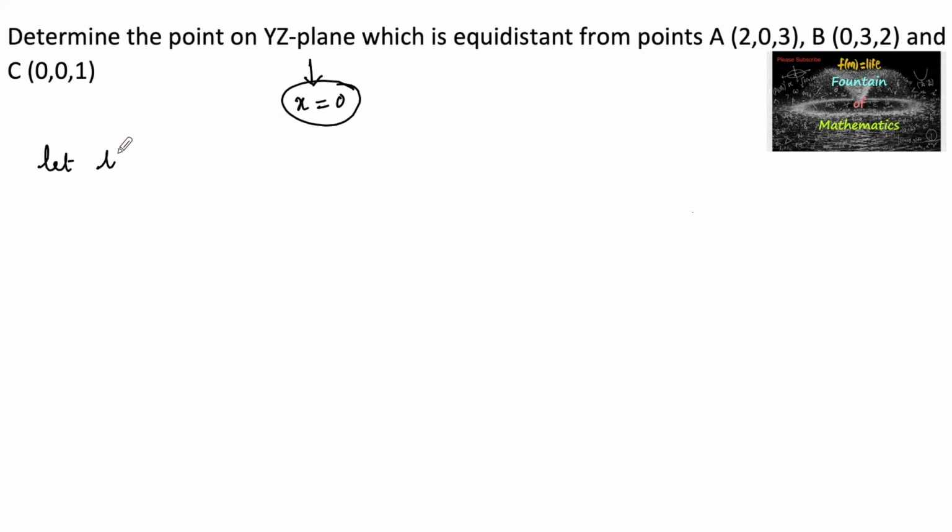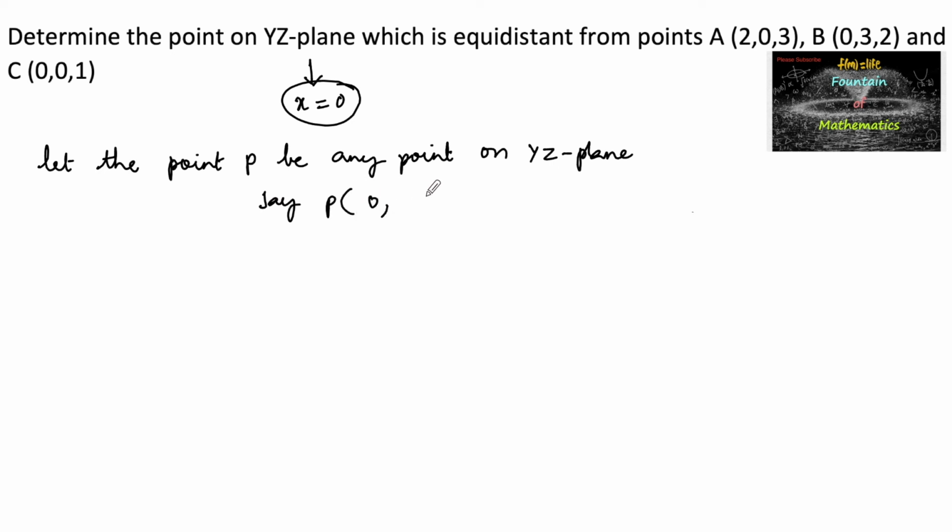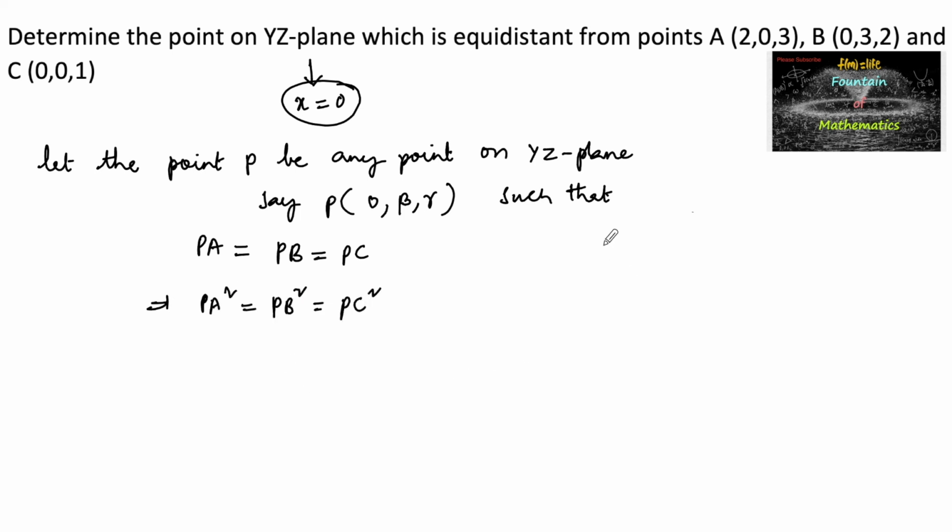So let the point P be any point on the YZ plane, say P (0, beta, gamma), such that PA is equal to PB is equal to PC, or we can also write PA square is equal to PB square is equal to PC square.